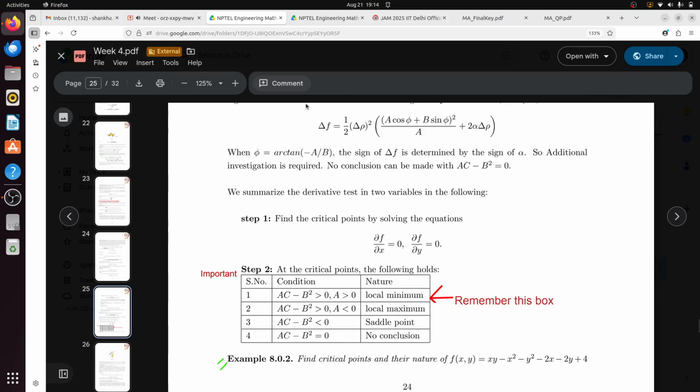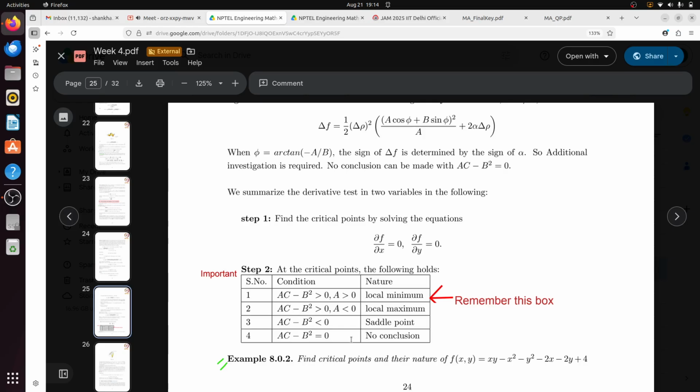So now this is the condition. There is another condition called the eigenvalue condition. I will not go into the eigenvalue condition because till now I have not discussed linear algebra. So here the determination process is like this: you determine del f del x and del f del y.